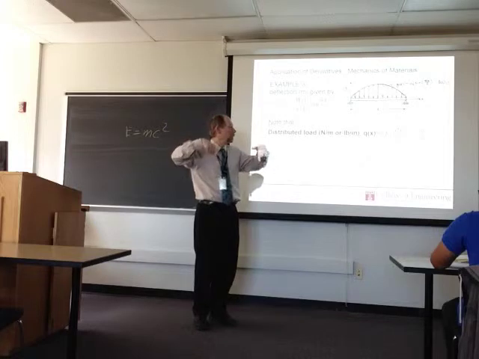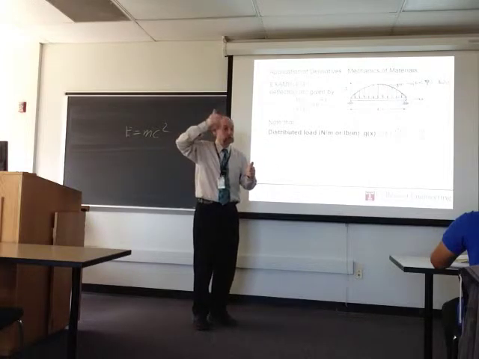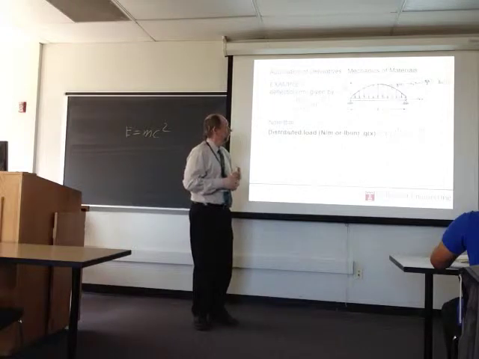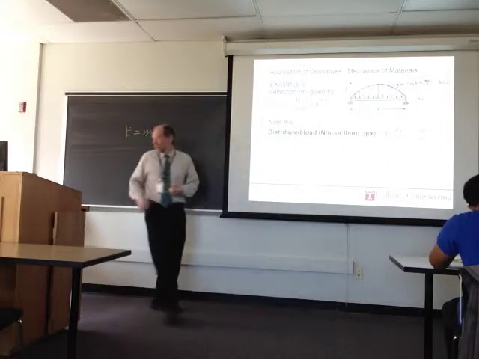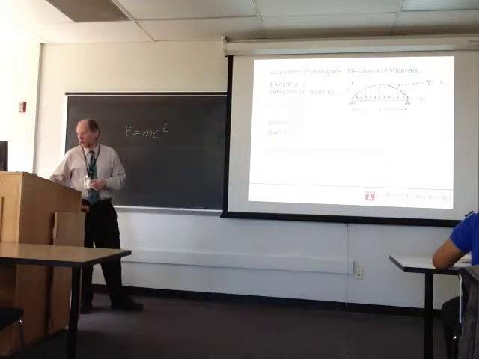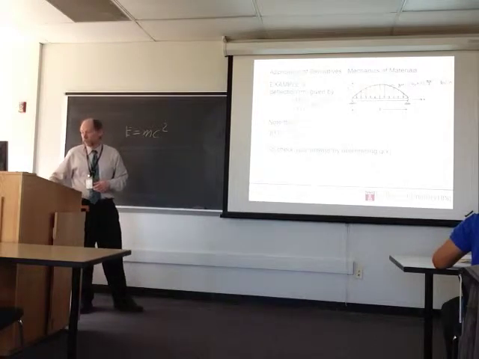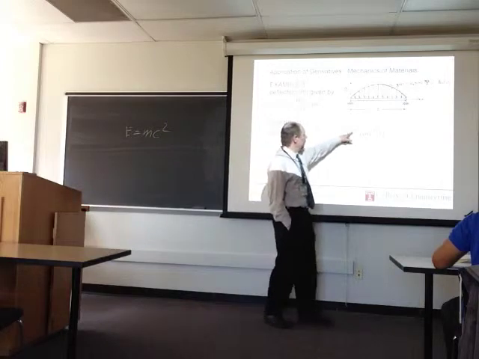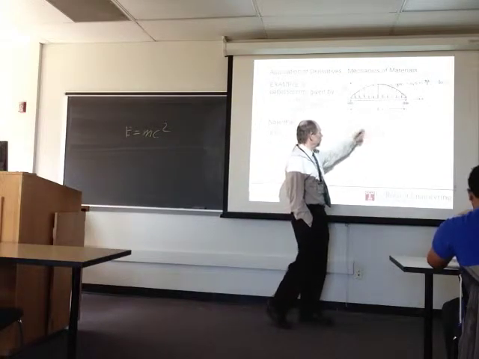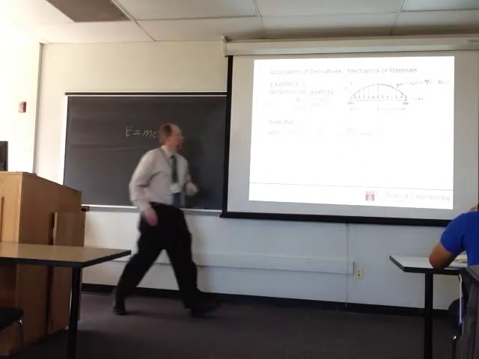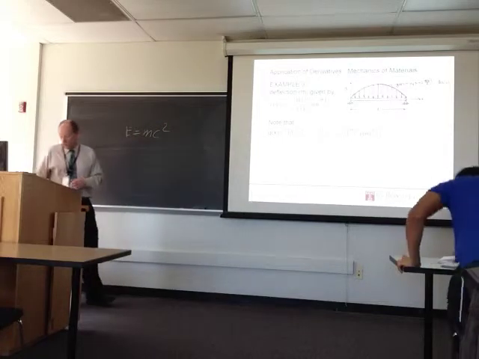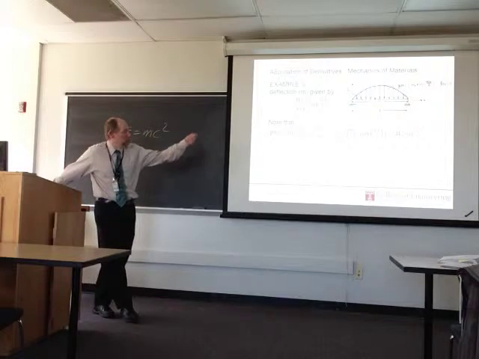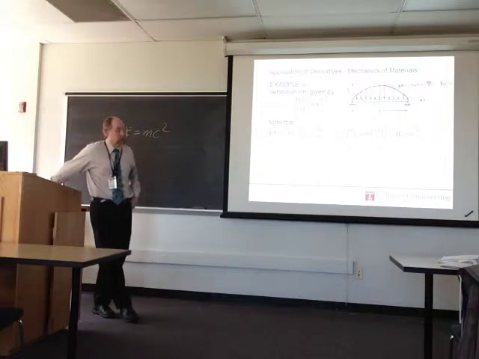It has to be negative because the shear force is pointing in the opposite direction of the load. So if we take the derivative of our shear force, minus the derivative of W naught L over pi times cosine pi over L x, the derivative of cosine omega x is minus sine omega x, and then the two negative signs cancel and we end up with our distributed load.